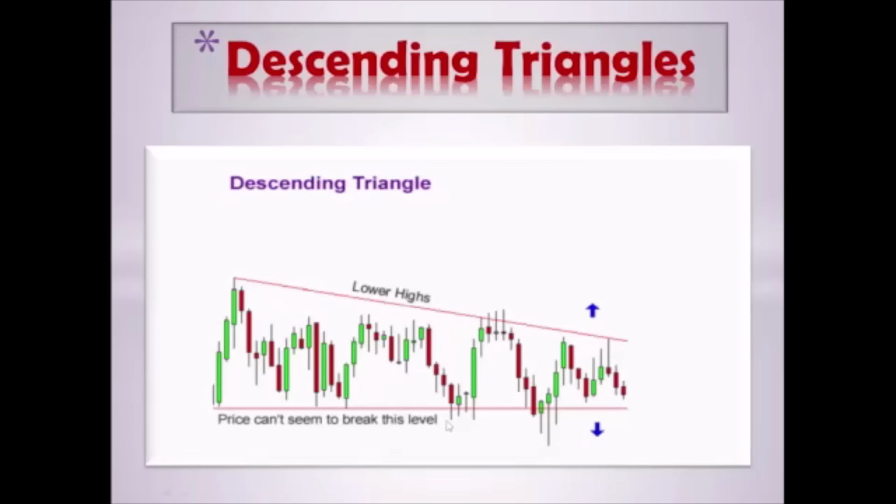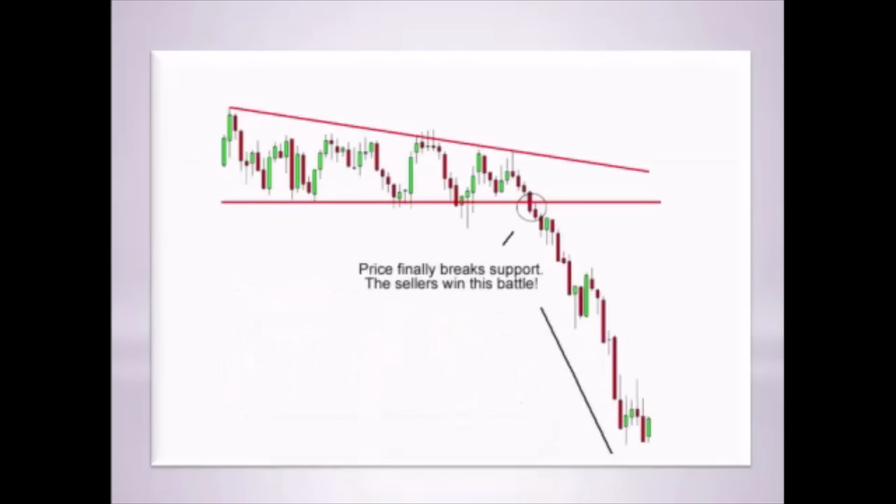Whichever direction the market goes, we are ready for it. In this case, we would place entry orders above the lower highs and below the support line. Let's quickly flip to the next page.